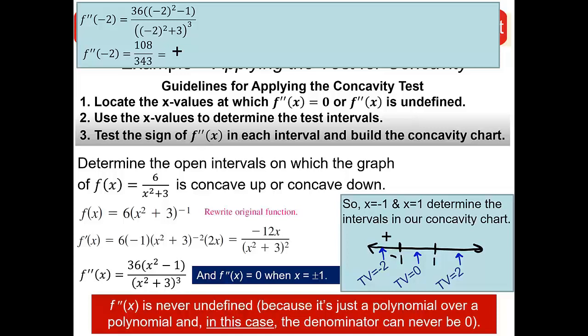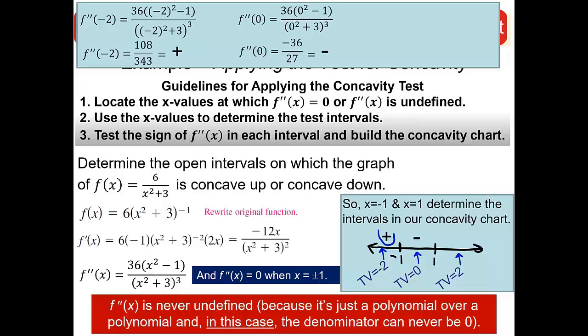So that means I get a positive second derivative in that interval. A positive second derivative means concave up. Then I go to the second test value. That's 0. Again, plugging it into the second derivative, calculating. I don't actually care about the exact value. All I care about is that it does come out negative.